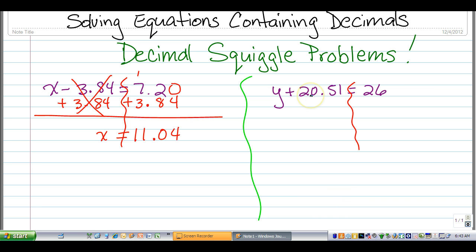It's a positive. We're adding, so I'm going to add the opposite, which is a negative, or in other words, subtract 20.51. Now be careful on this side. Remember, the decimal is right here. So I'm going to subtract 20.51, lining up my decimals.